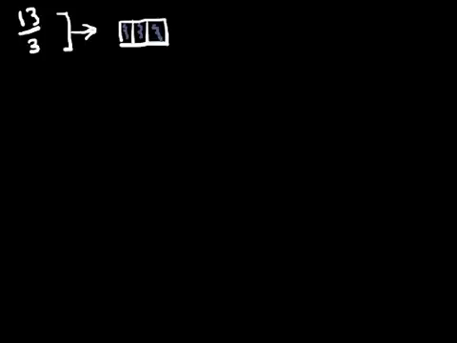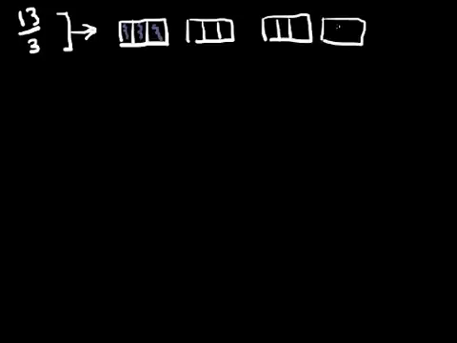But you can see right now we're going to need additional boxes. So 3, 6, 9, 12, 15. This is kind of a pictorial description of what we're really looking at.